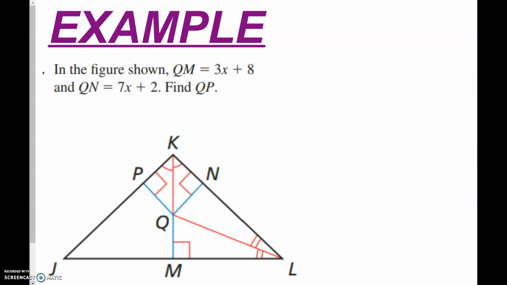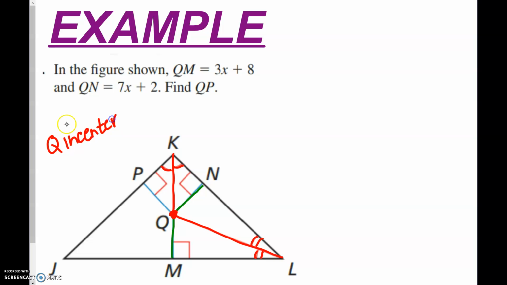All right, in the figure shown, let's find QP. They give us QM and QN. This red mark, QL, is an angle bisector because we have this double mark and this double mark. And QK is an angle bisector. So this point right here, Q, is the in-center.